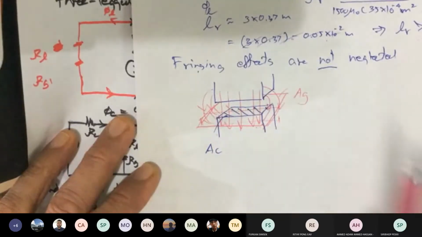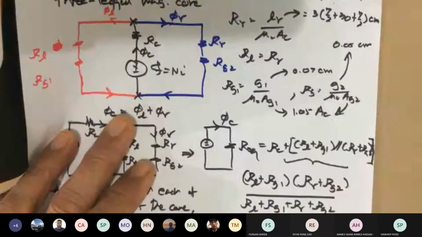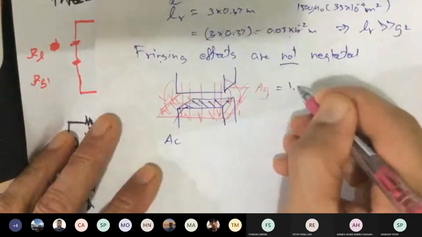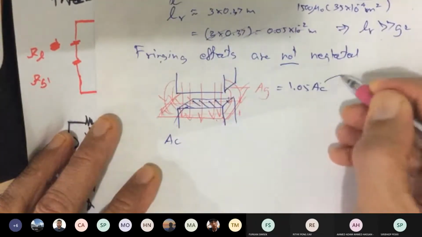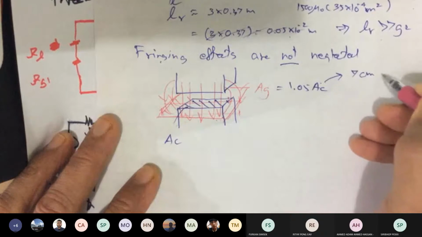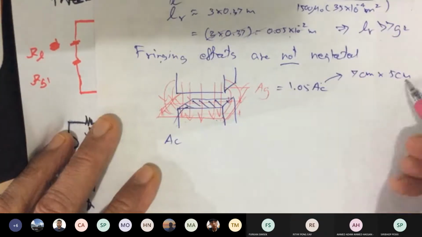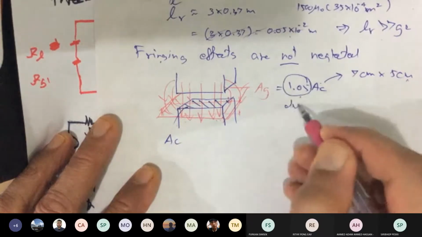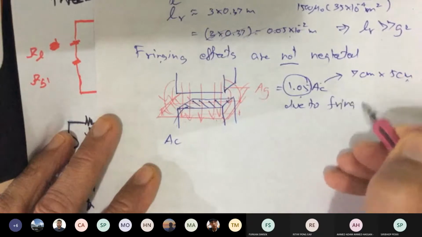This problem says AG is 5% larger. Is it 5? Yeah, 5% larger. So it must equal 1.05 AC. And your AC, you know that is 7 centimeters times 5 centimeters, just like the one that we calculated. So that's why there's 1.05. This is due to fringing effect.